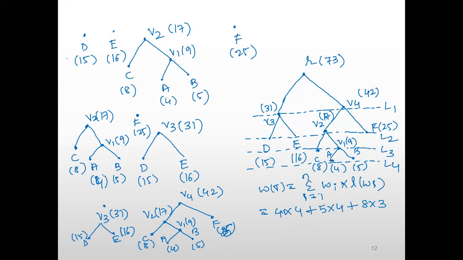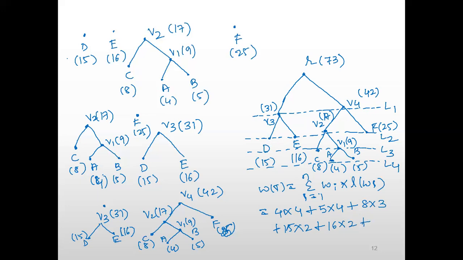D is having a weight 15, and D is at the level 2, hence we will multiply that with 2, plus E is having a weight 16 and E is also at the level 2, hence 16 into 2. E is over.